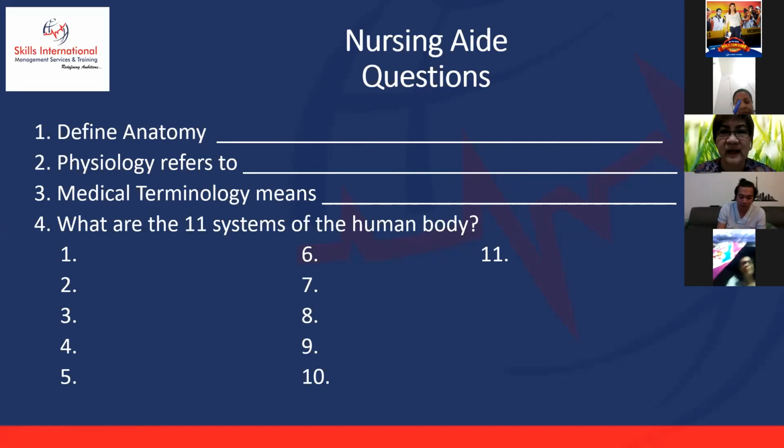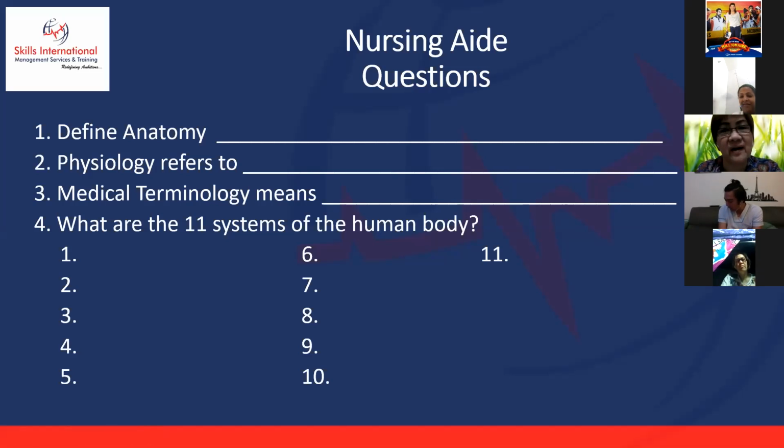I just want to take your oral recitation. Okay? So I will just call a name and then just answer me. Number 1 is to define anatomy. So what is anatomy? Julius? Anatomy is the study of the structure of the body. Okay, that's good.